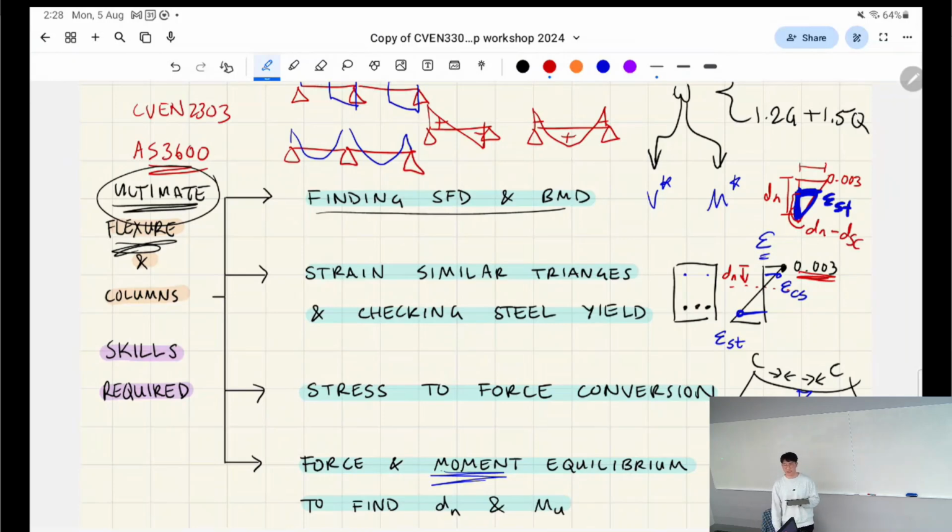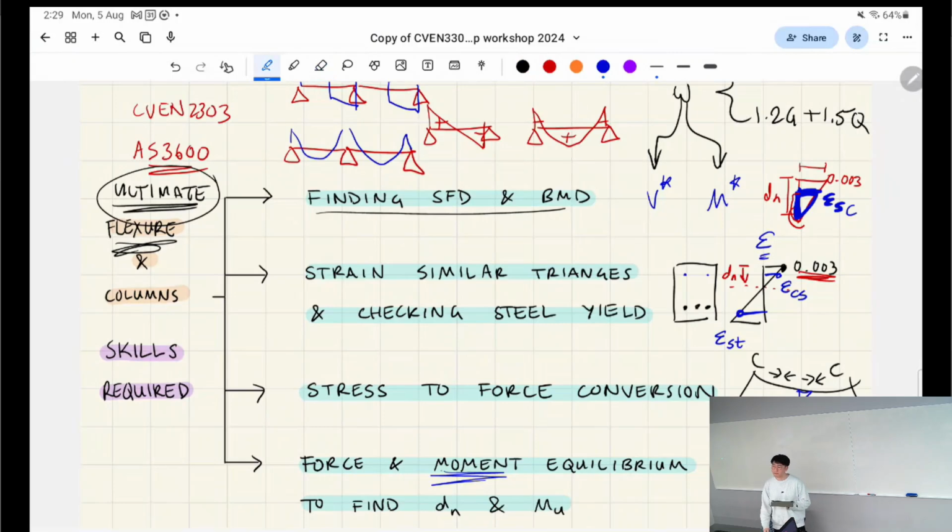So these are the things you want to think about. The formula is really easy, it's just rise over run. It's similar triangles, but people usually get lost at where these algebraic expressions come from. It's literally just one triangle's slope is equal to another triangle's slope. That's it. So that's how you can find the strain in the compressive steel and the strain in the tensile steel as well.